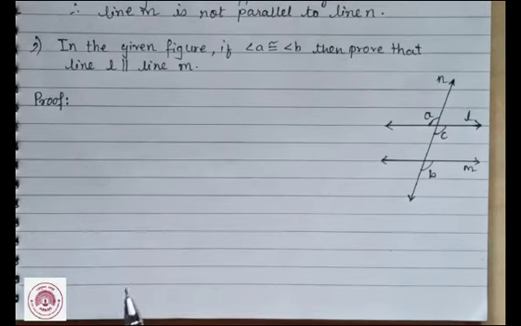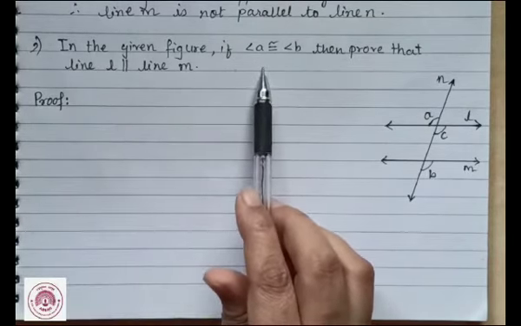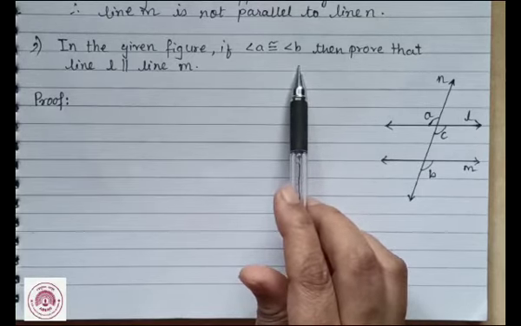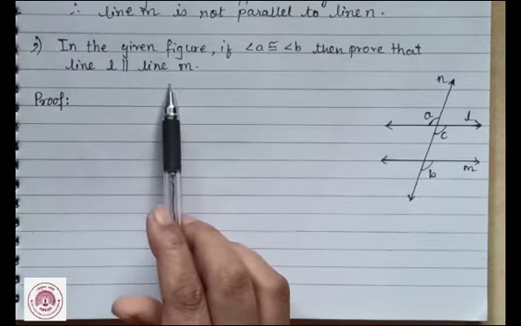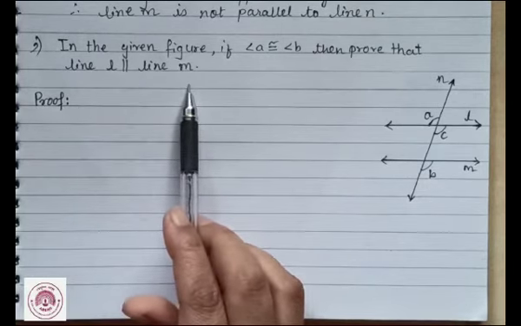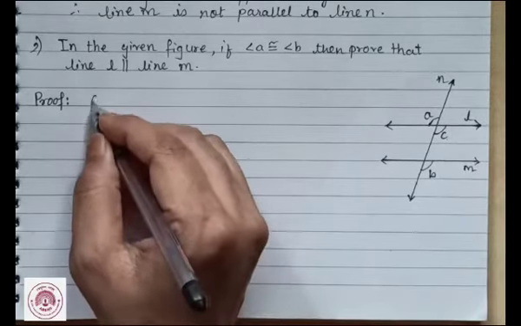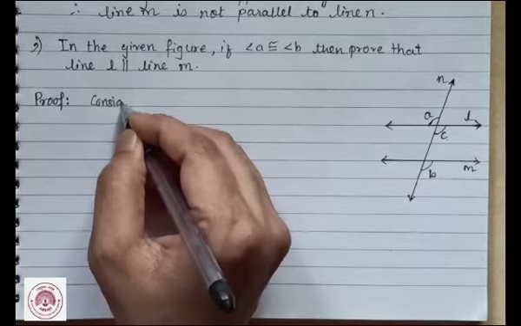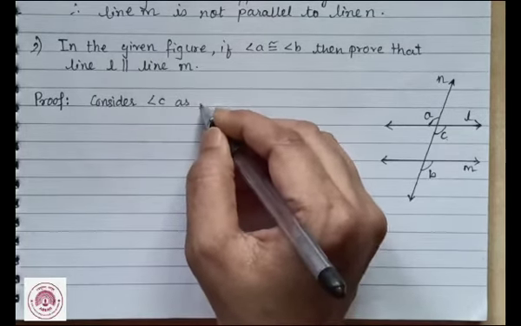Let's solve question number 2. In the given figure, if angle A is congruent to angle B, then prove that line L is parallel to line M. Now consider this angle C as shown in figure.